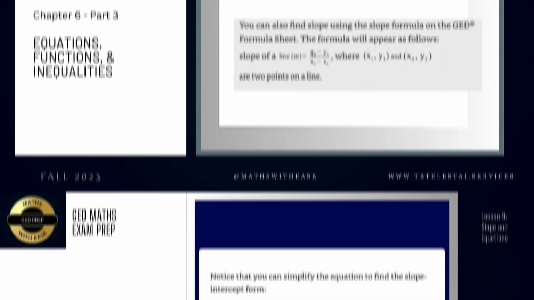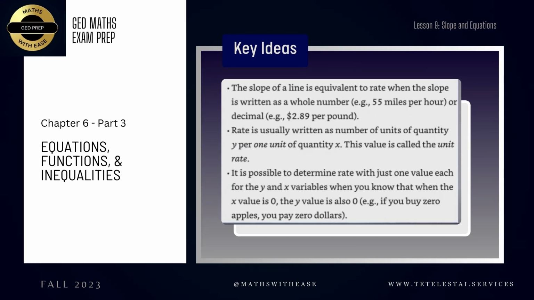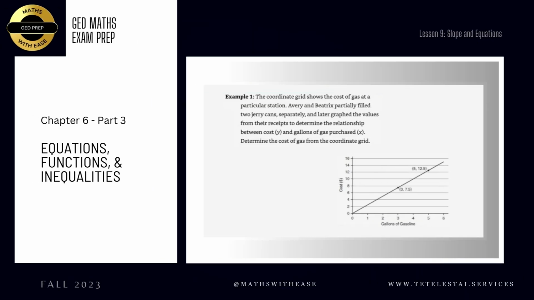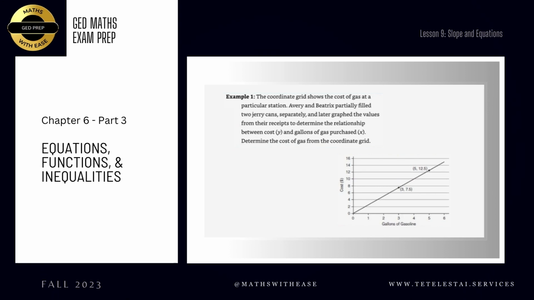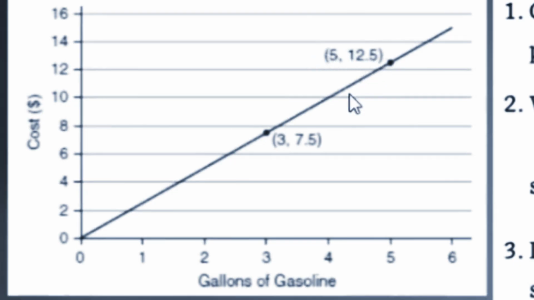So let's go back to our problem. We see that we have 2 ordered pairs, right? And so we can arbitrarily or we can randomly select which one will be our y2. I randomly selected this point, okay? So I said this is going to be our second ordered pair.